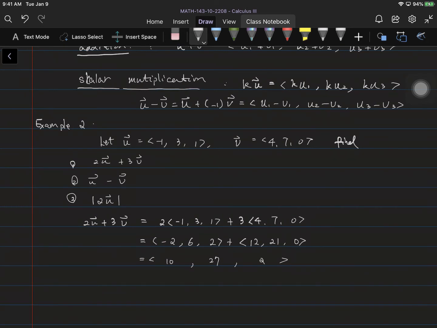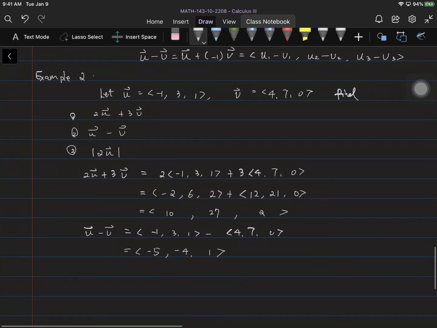That's the first one. Next one, u minus v, just equals -1, 3, 1 minus 4, 7, 0. We just do subtraction of each component. -1 minus 4, -5. 3 minus 7, -4, and 1. Okay, this is subtraction. Now let's take a look at the length of 2u. So I'm just going to write down this way directly.